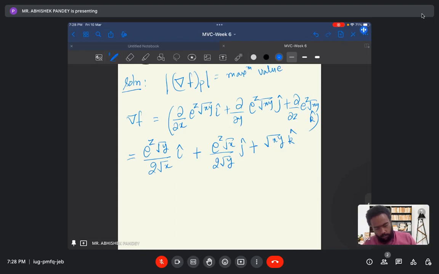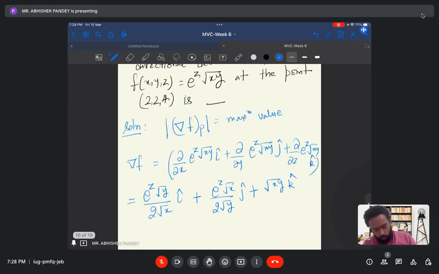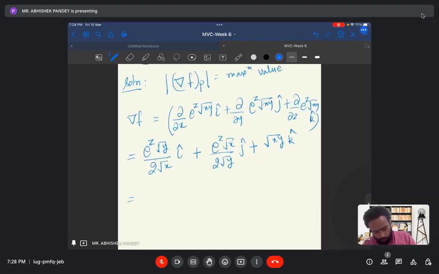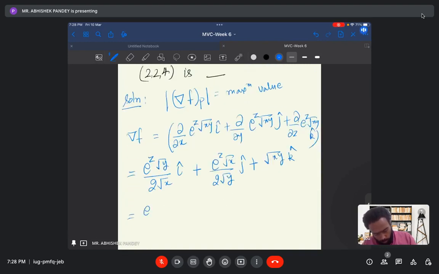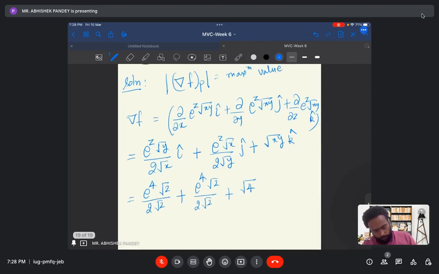Okay, so we need to find this at the point (2, 2, 4). At the point it is e to the power 4 root 2 by 2 root 2 plus e to the power 4 root 2 by 2 root 2 plus root 4, with i cap, j cap, k cap.